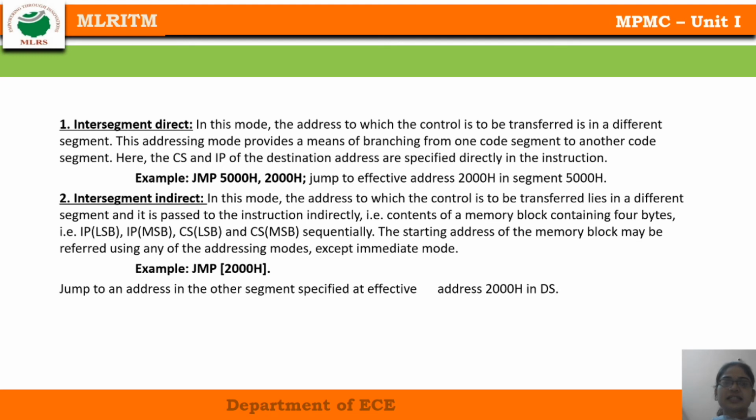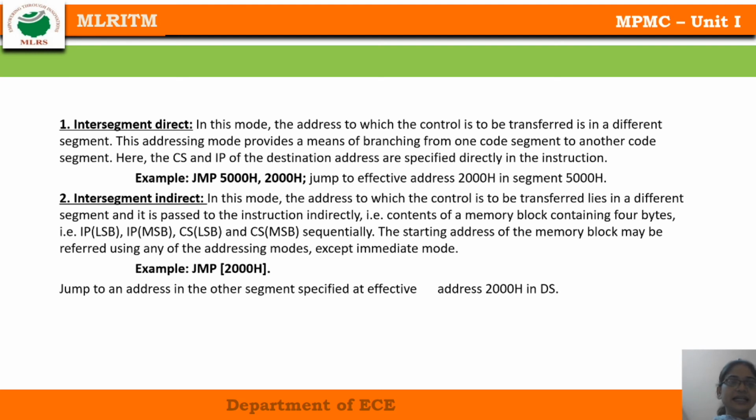Here, CS and IP of the destination address are specified directly in the instruction. For example, JMP 5000H:2000H. Here, 5000 is the segment address and 2000 is the offset address of the destination location.